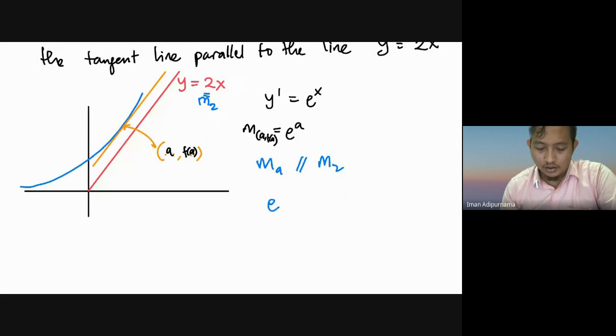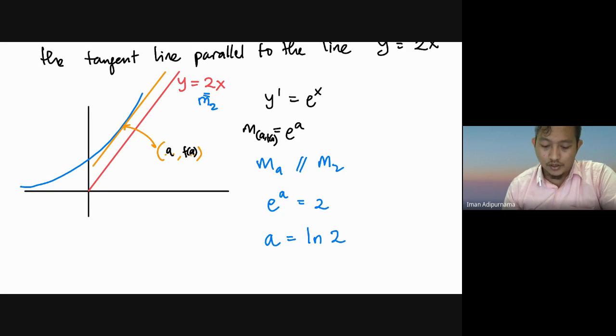So e to the a is equal to, now you need to remember a little bit of logarithm, I hope you still remember logarithm, this is ln 2.